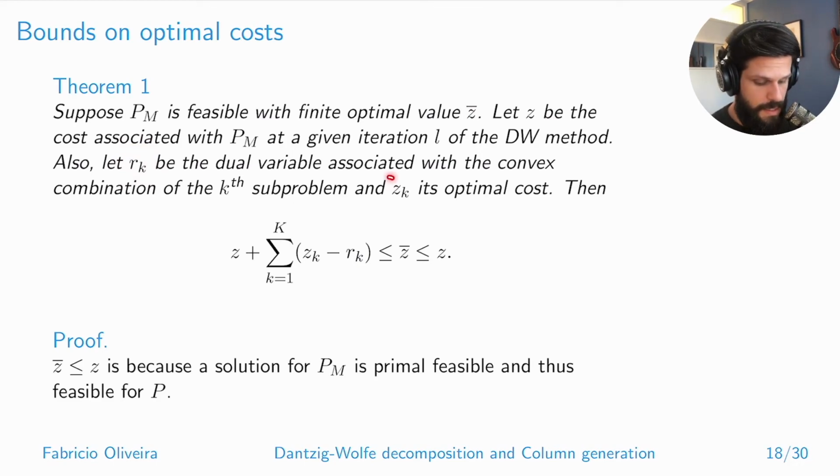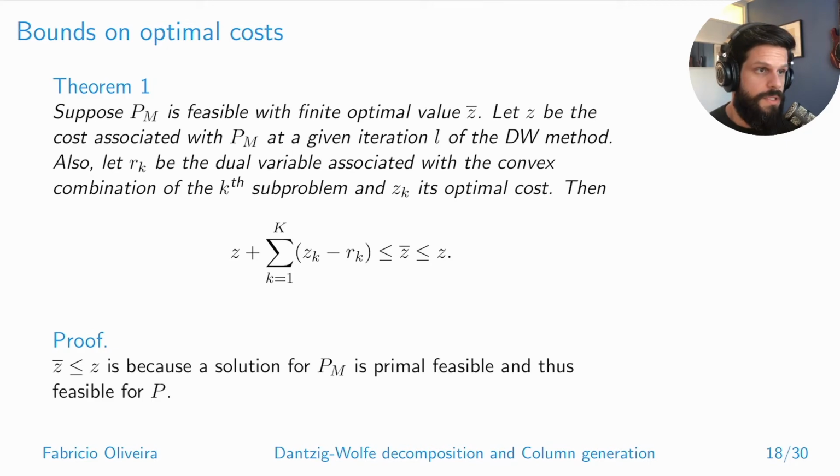And the ZK is the optimal cost of each of the subproblems. So you can see that the optimal value you're looking for can be bounded from above and from below with information you get in each iteration.